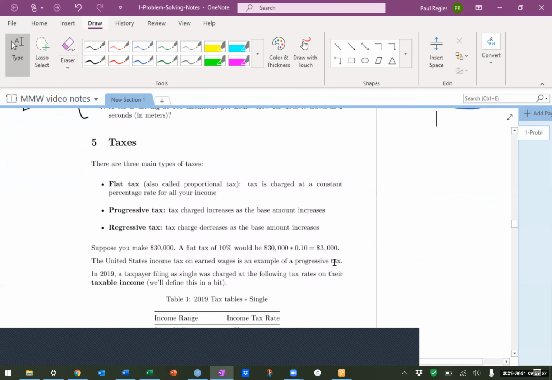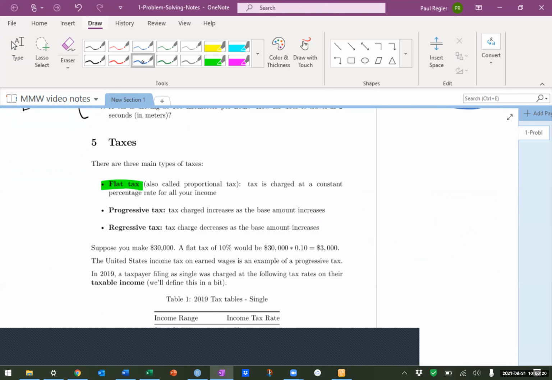All right. So taxation is something that has existed for millennia, and we've evolved different systems of taxing. The most simple method of taxation is the flat tax. This means no matter how much income you make, you're charged a constant percent rate.